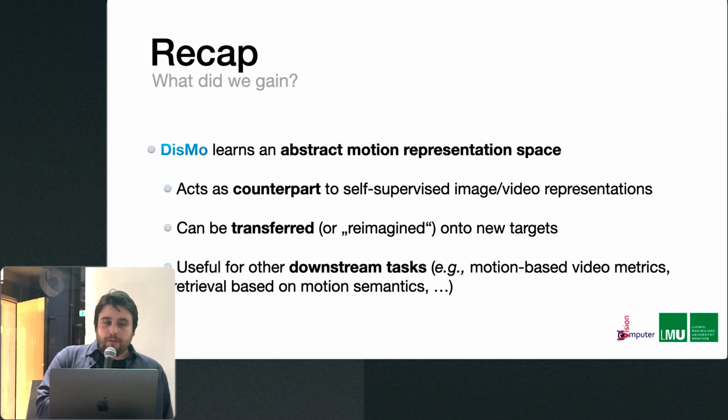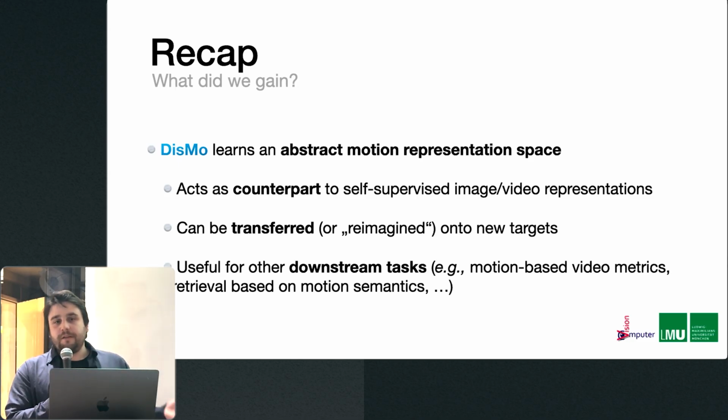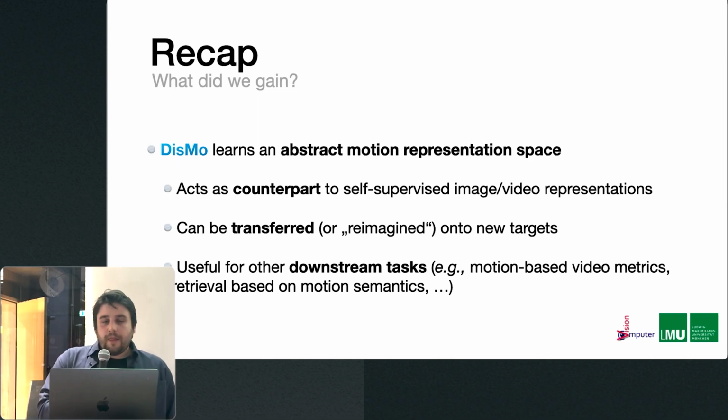But more importantly, maybe, is the more general fact that these motion embeddings actually act as a counterpart to self-supervised image and video representations that were there for a long time now already, and people are still focusing heavily on that.